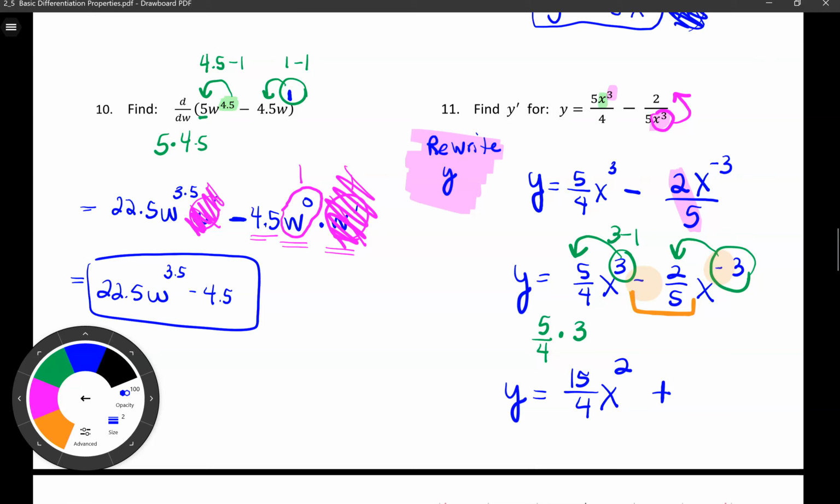And then again, I think my MATLAB wants you to write 6/5, but since it's a pretty decimal, I think you could get away with writing 1.2. But just to be safe, I'm going to write 6/5 x to the, I decrease the exponent by 1, that's going to be x to the negative 4th, technically times the derivative of the base, which we don't need.